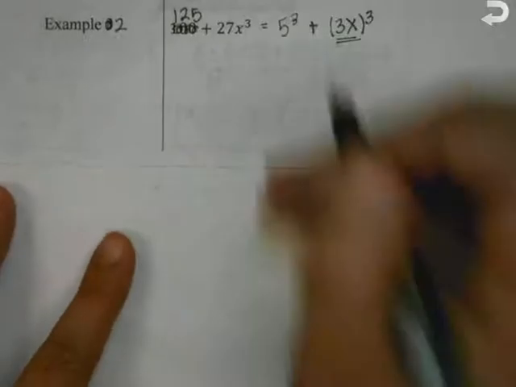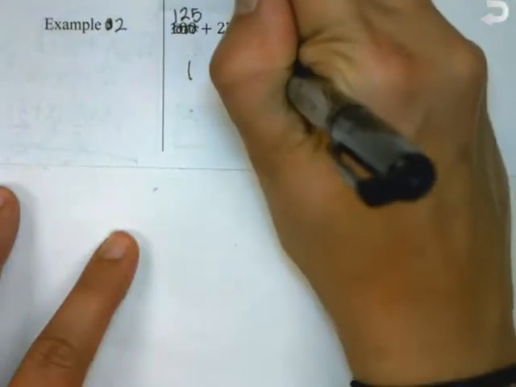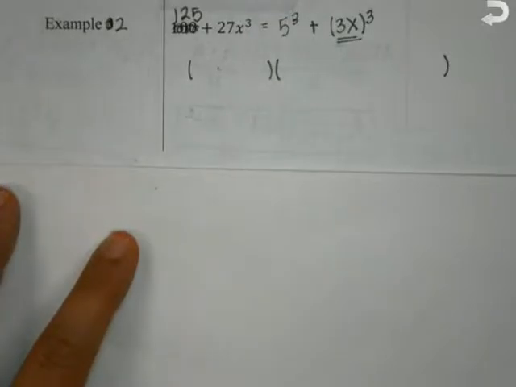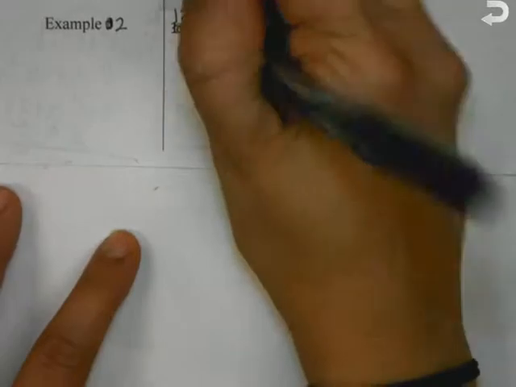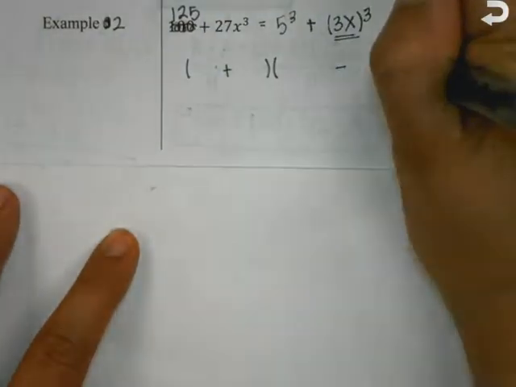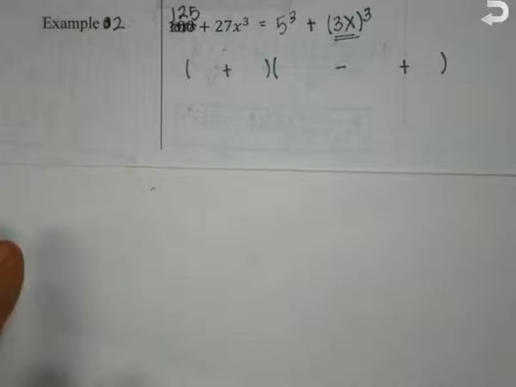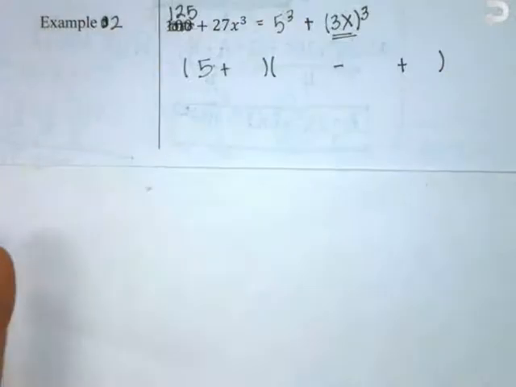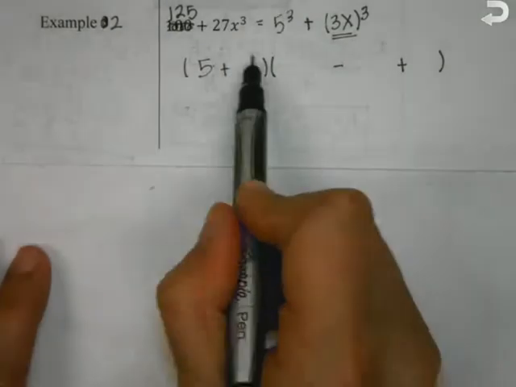So we set up 2 sets of parentheses. Same, plus, opposite, minus, always positive. Okay, first blank is just base 1, which is 5. Second blank is base 2, which is 3x.